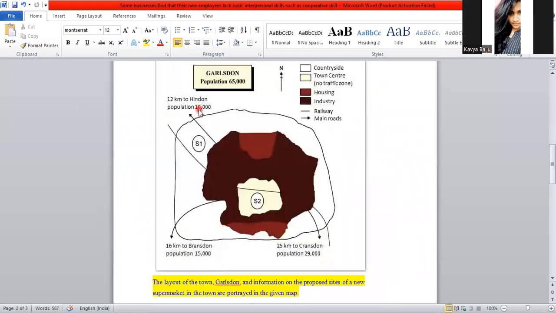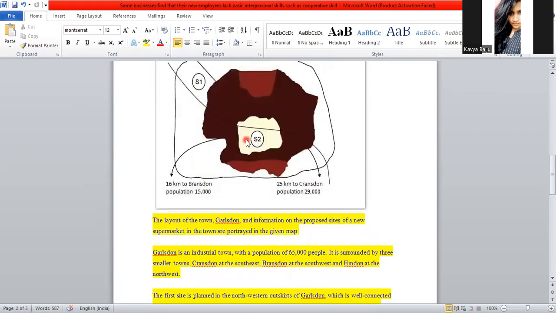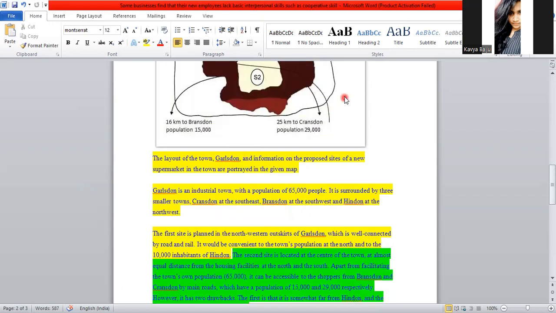So to the 10,000 inhabitants of Hindon and to the inhabitants of the north, it would be convenient. Sorry, I have to add, it would be more convenient too.